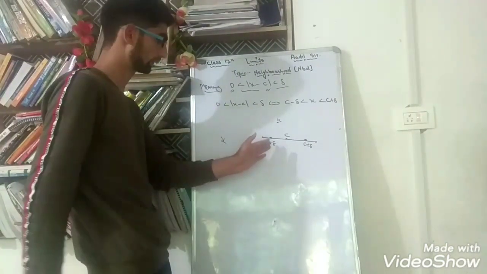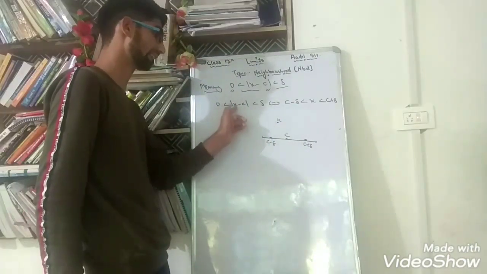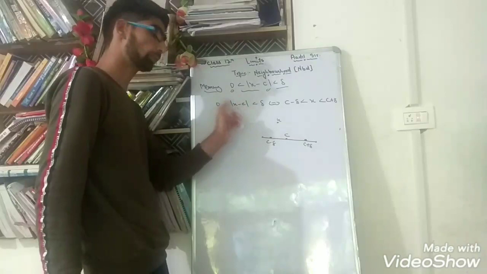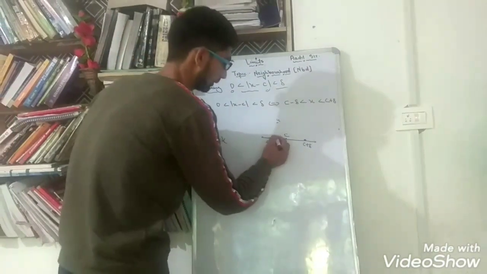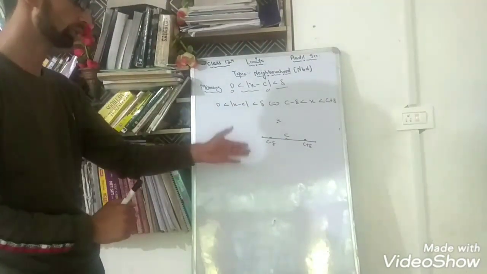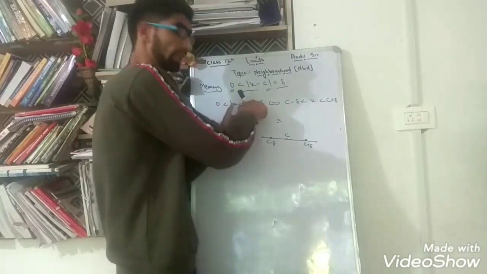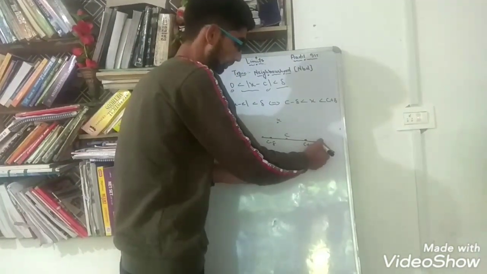So this condition is possible only when this point lies between C minus delta and C plus delta, because as I have already told you, if we take a value equal to or greater than delta, we will go beyond this.